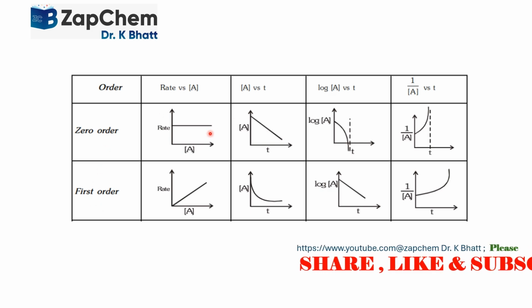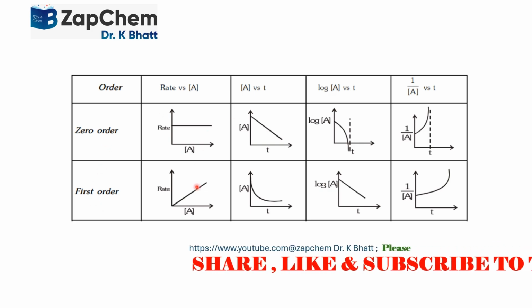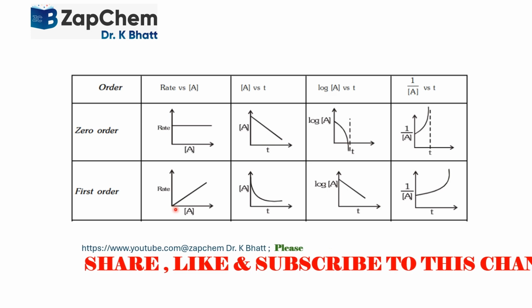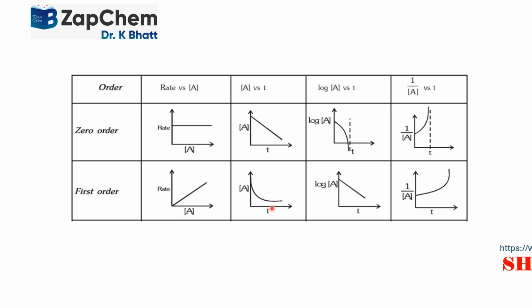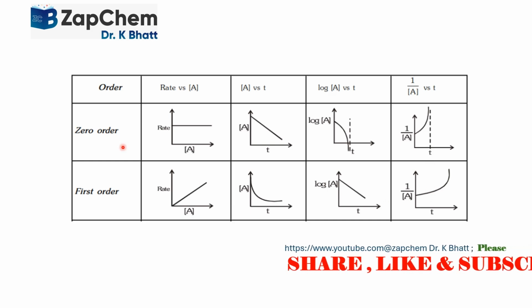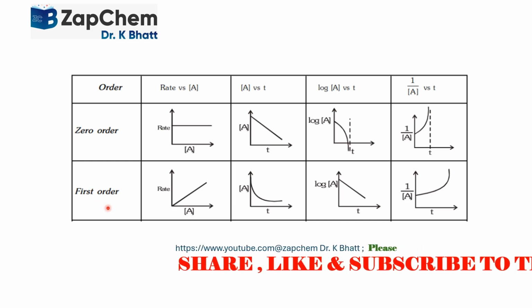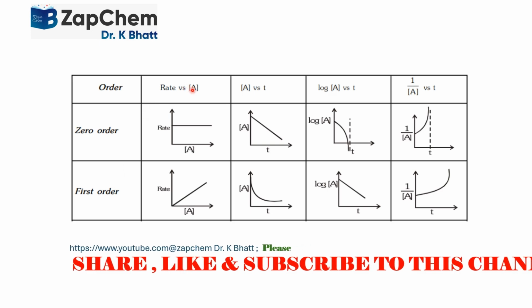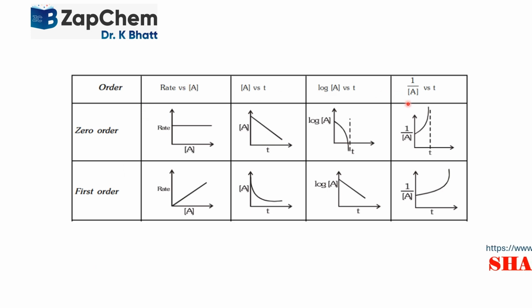Now we need to keep in mind the curves or straight lines and their slopes which are obtained for zero order and first order reactions, and what variables we need to know for these plots.